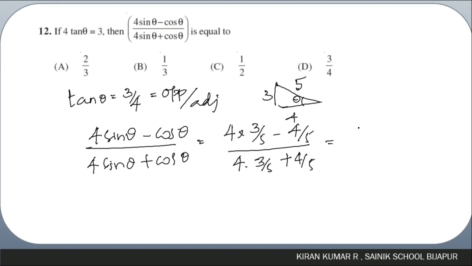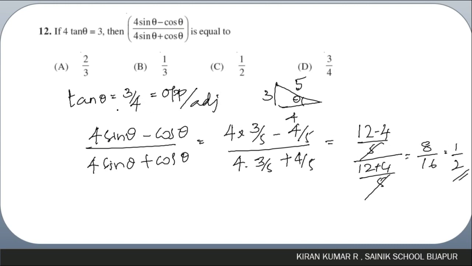If you take the LCM, we get 12 minus 4 divided by 5 upon 12 plus 4 divided by 5. 5 and 5 will get cancelled. I'll be getting 8 by 16, nothing but 1 upon 2. So 1 upon 2 is option C. Option C is the right answer.